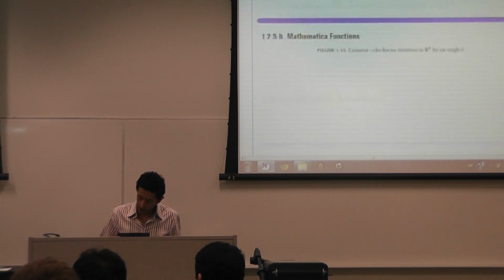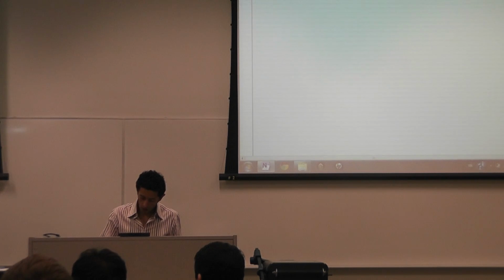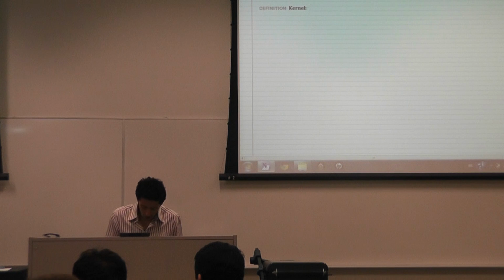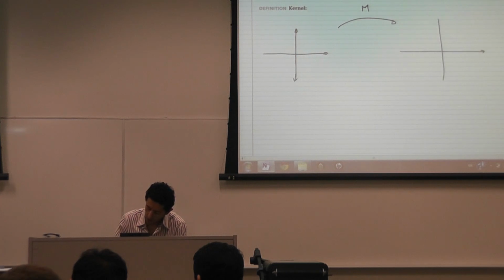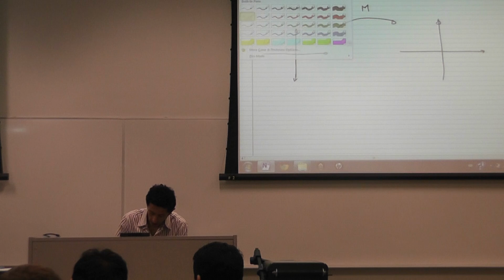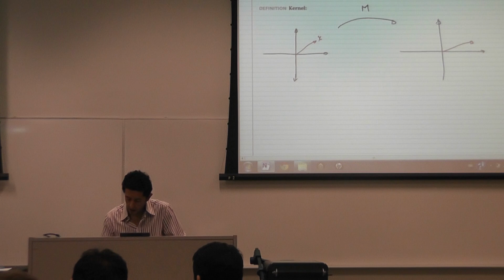So let's graphically see what a matrix does. We have agreed that a matrix does the following. Let's call it the matrix M. Let's say M takes from R2 to R2. Any vector here, x, there is a vector here, y, that's equal to M multiplied by x.